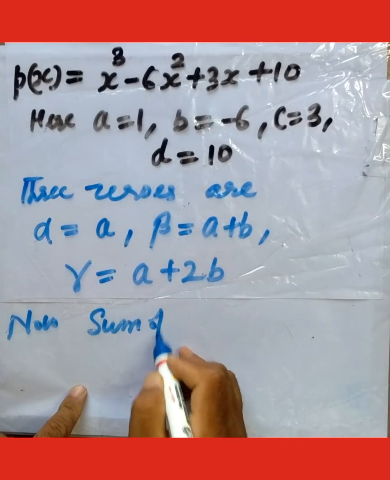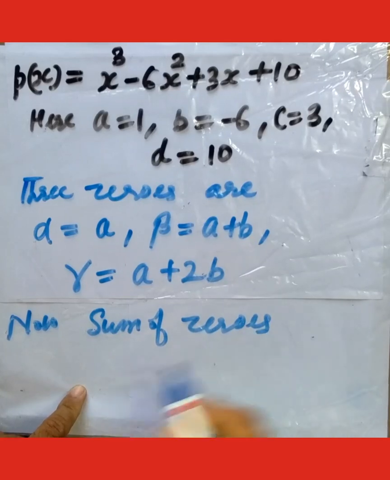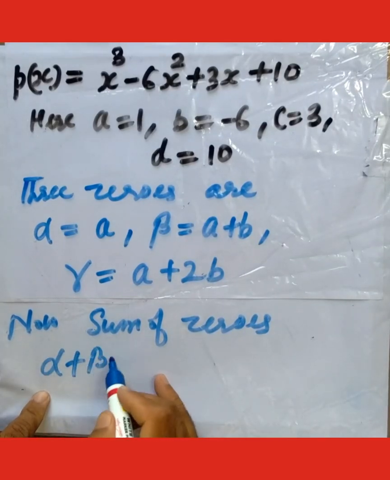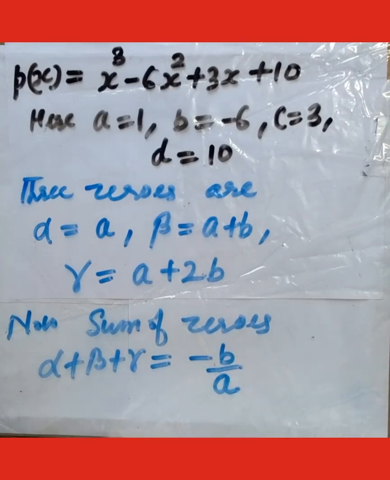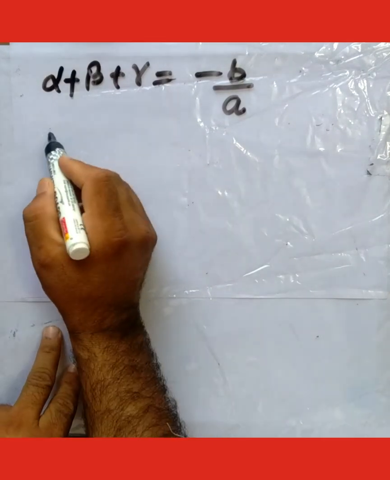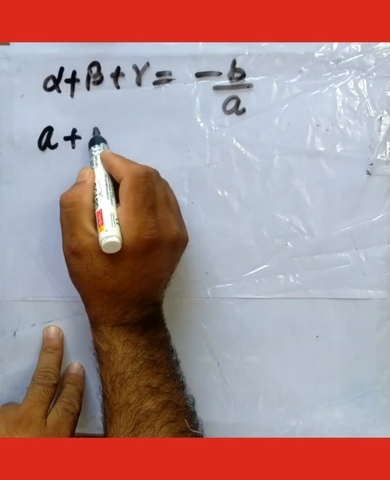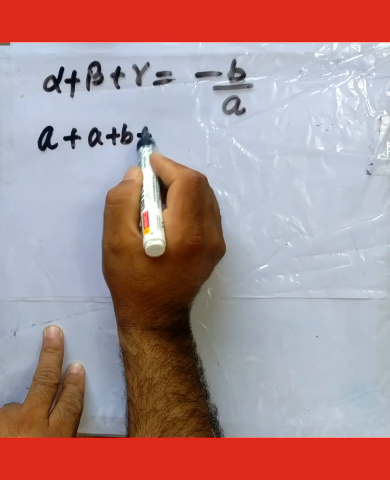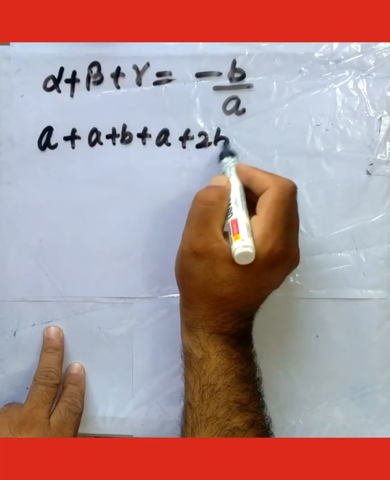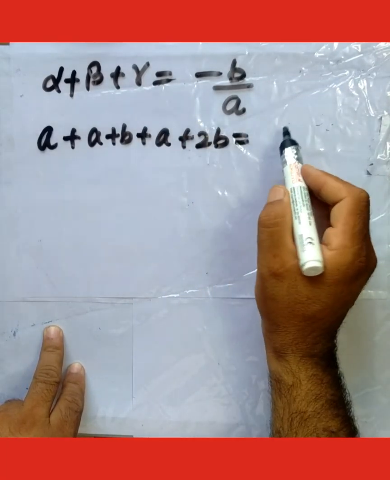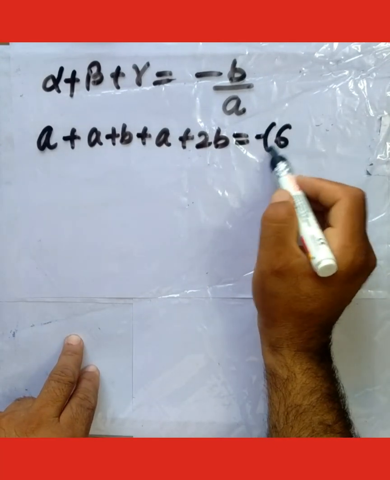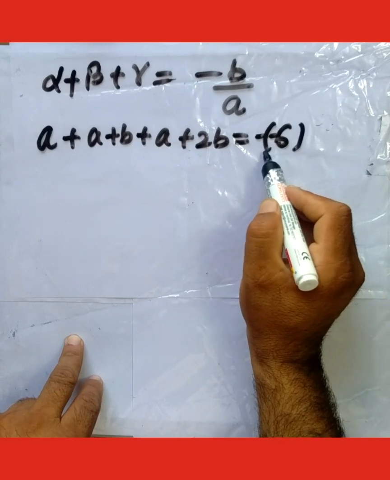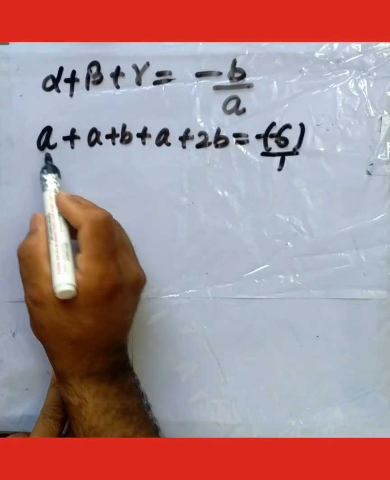Now the sum of zeros for the cubic polynomial, that is alpha plus beta plus gamma, is equal to minus b upon a, from the relationship between zeros and coefficients. Therefore, by putting the values of alpha, beta, gamma: a plus a plus b plus a plus 2b is equal to minus of minus 6 upon coefficient of x cube, that is 1.